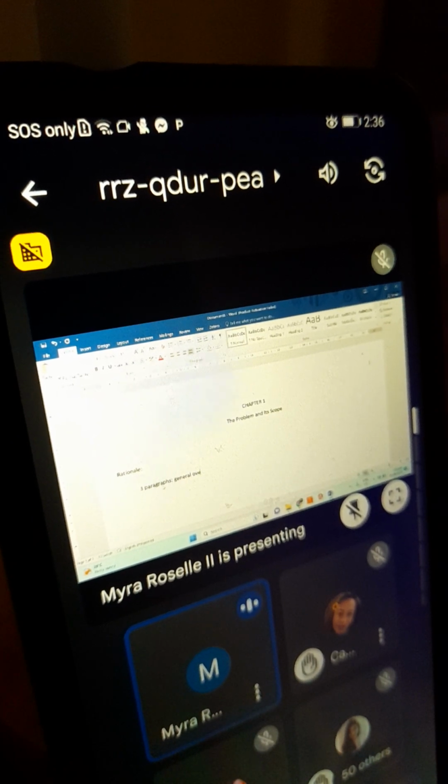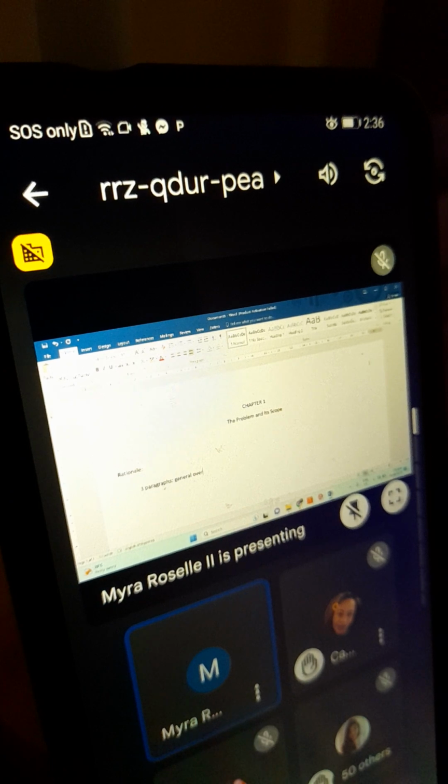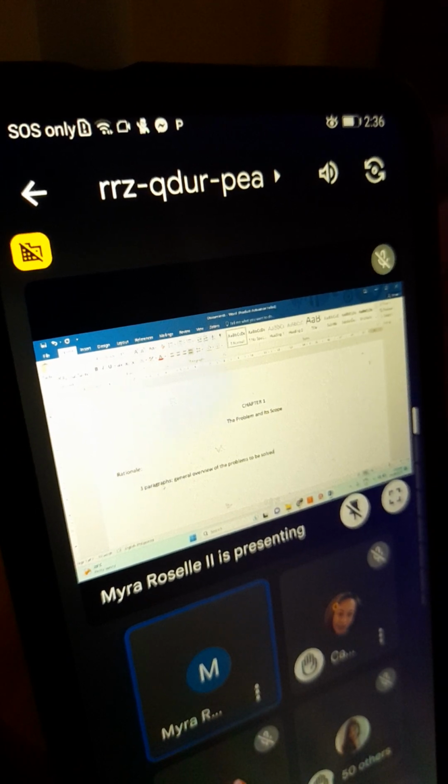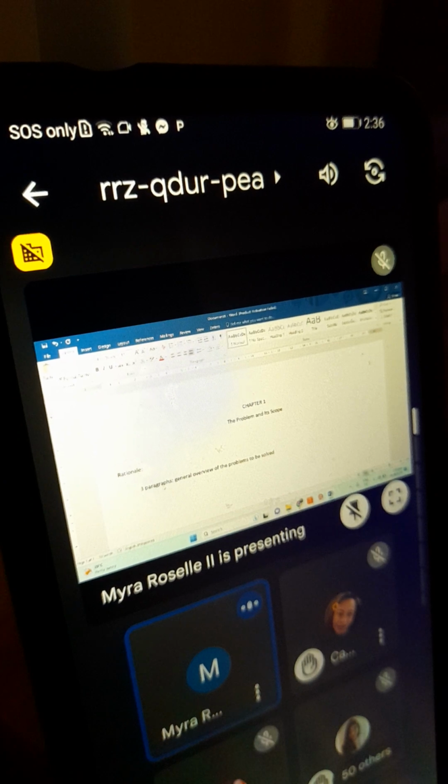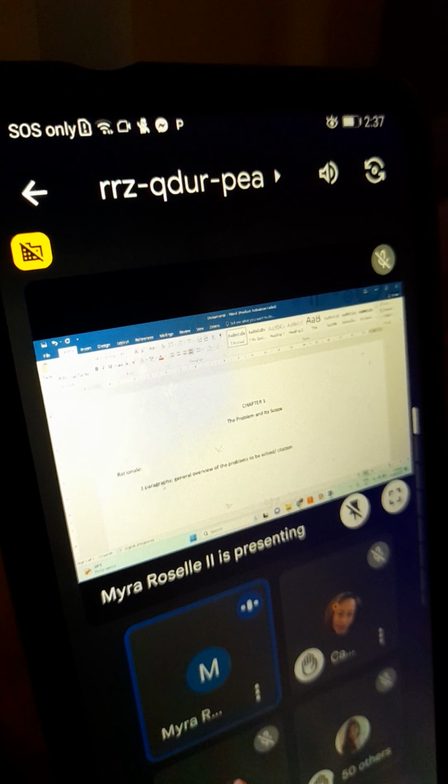The first is a general overview of the problem to be solved. You can have citation, still citation if you get the information from a magazine.